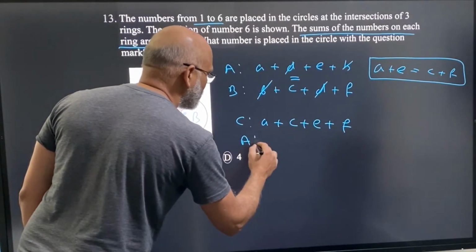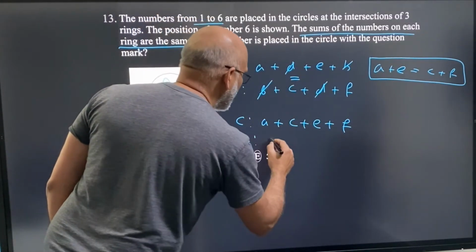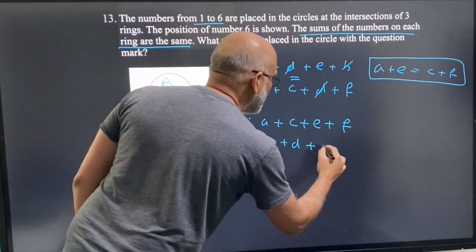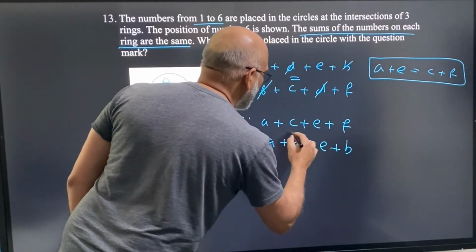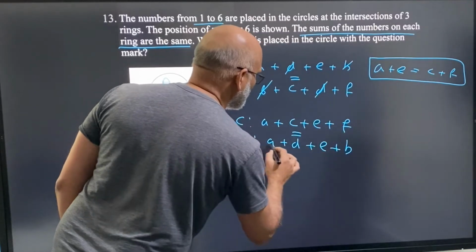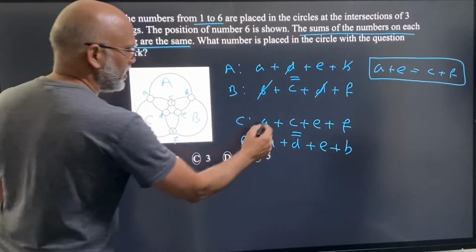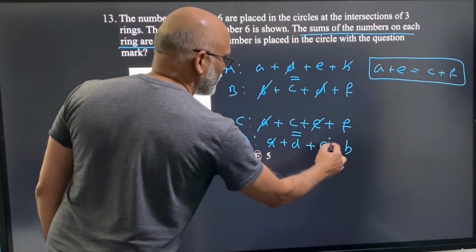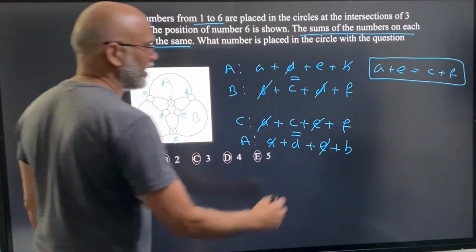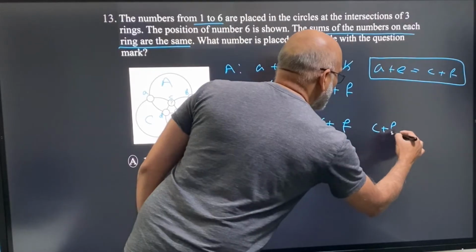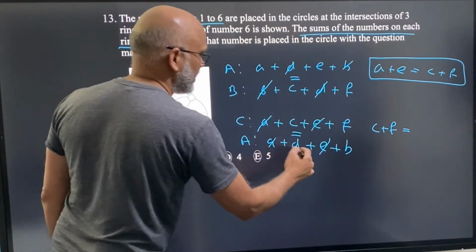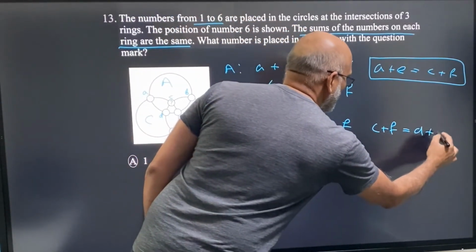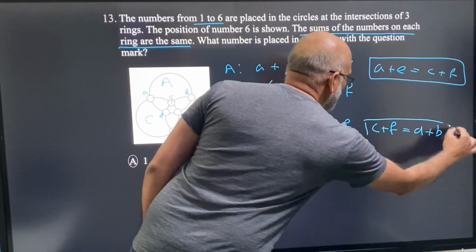I'll just choose A, D, E, B. So these 4 numbers add up to the same as those 4 numbers. I can take away A from both sides. I can take away E from both sides. So this leaves me C plus F is D plus B.